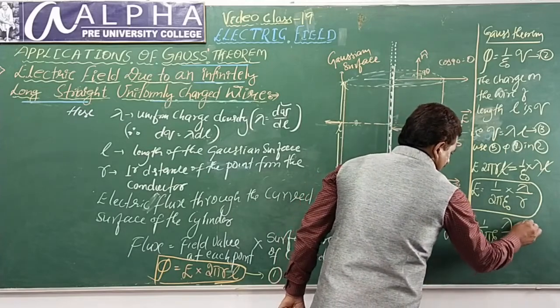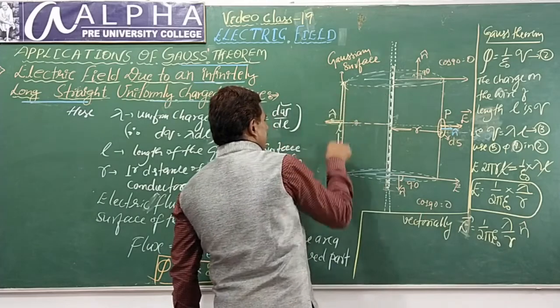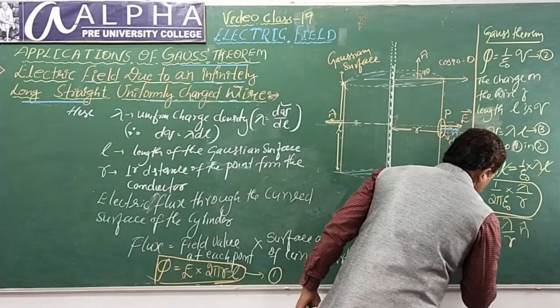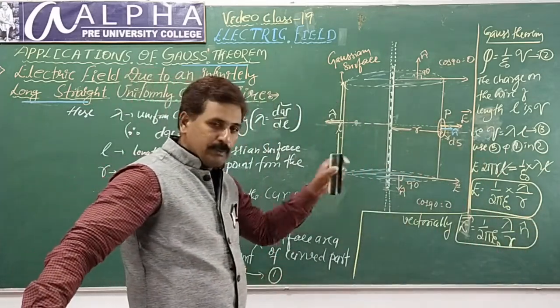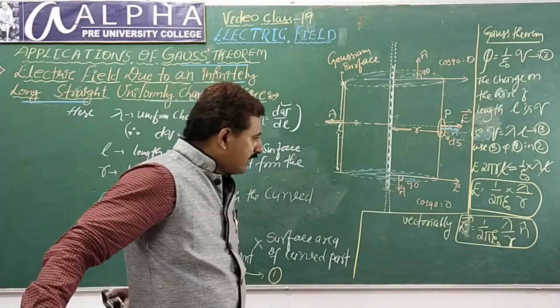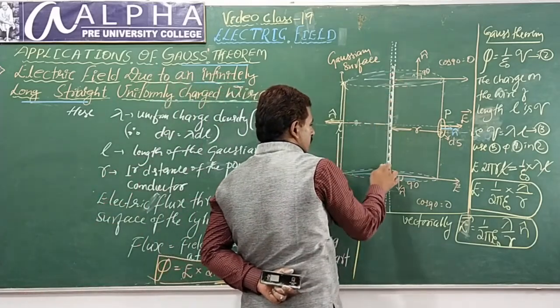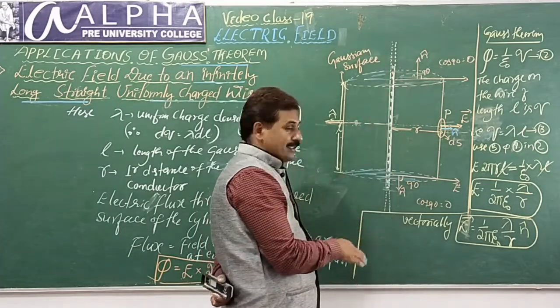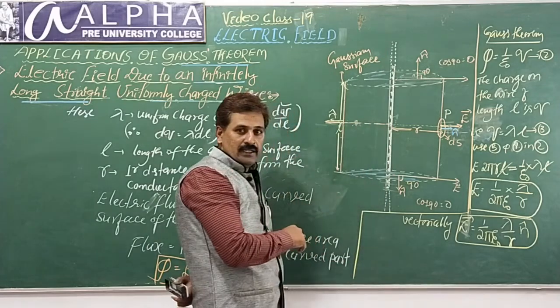Unit vector direction. See, the unit vector is radially outwards, right? This is the vector notation, the vector form of the expression. What is the meaning of this? Students, the electric field due to a linear charge distribution, infinitely long, no ends, is completely radially outwards.